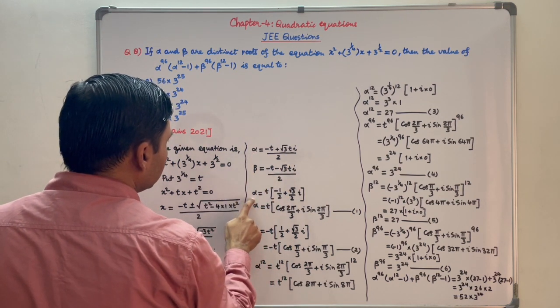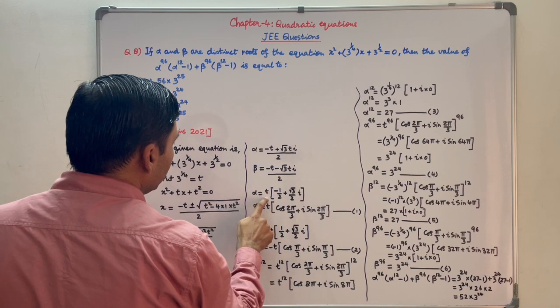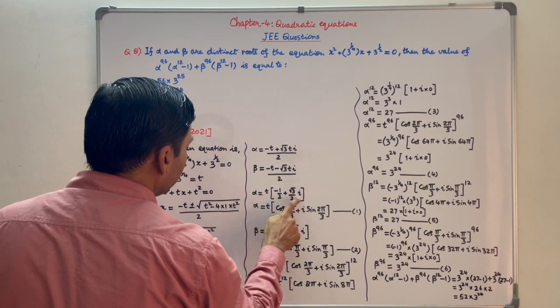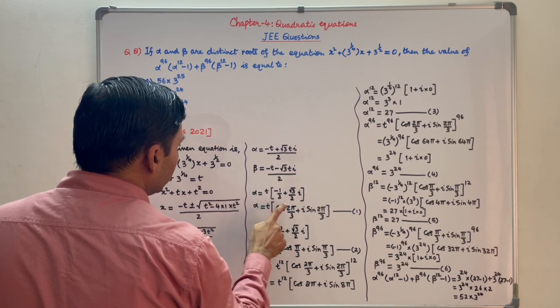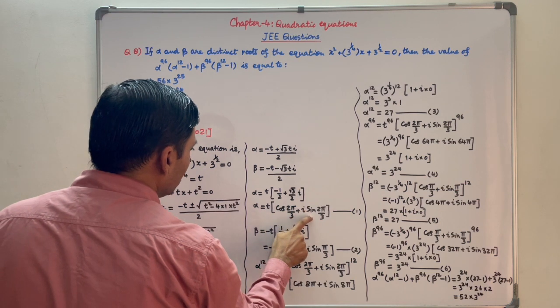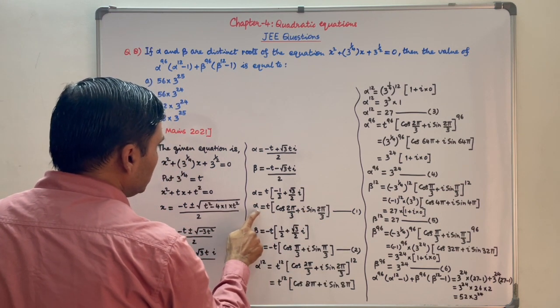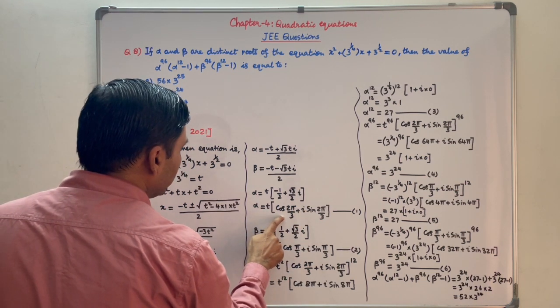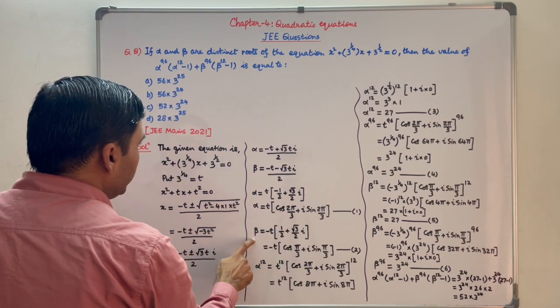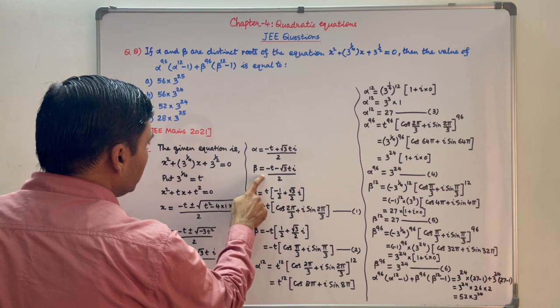Alpha can be written as, take t common here, so in bracket it will be minus 1 by 2 plus root 3 by 2 i. Minus 1 by 2 can be written as cos 2 pi by 3 and root 3 by 2 can be written as sin 2 pi by 3. So alpha is equal to t into cos 2 pi by 3 plus i sin 2 pi by 3. Similarly, beta can be written as, take minus t common here.